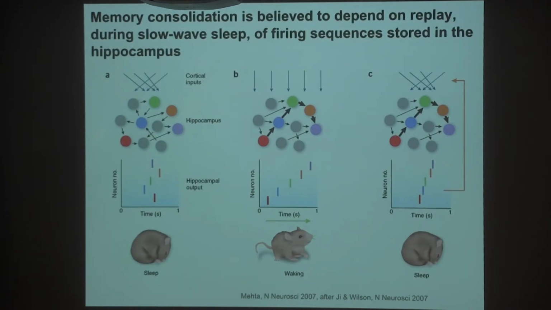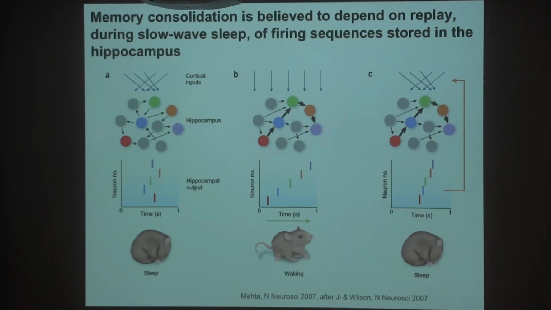This is a cartoon which illustrates the same idea. This cute mouse is in a wake state when it learns something. In the hippocampus, let's say it moves through the maze and place cells fire in a particular order. That order repeats, and through some plasticity mechanism, for example, spike timing dependent plasticity, synapses change their strengths between those cells.